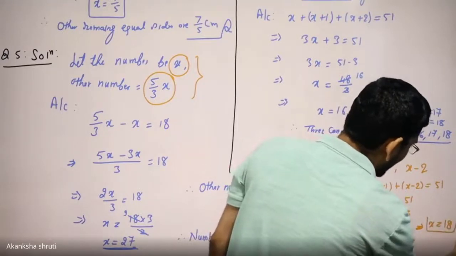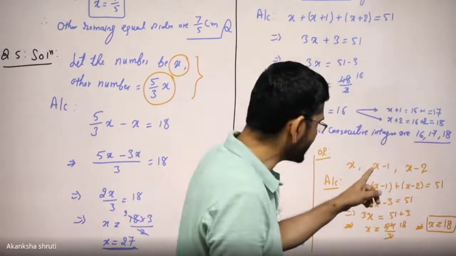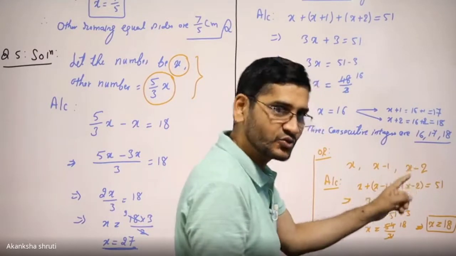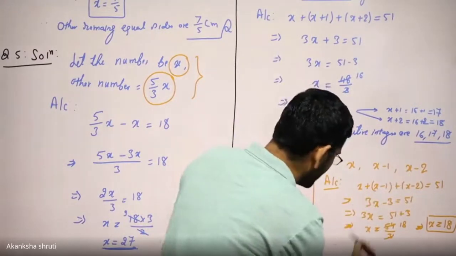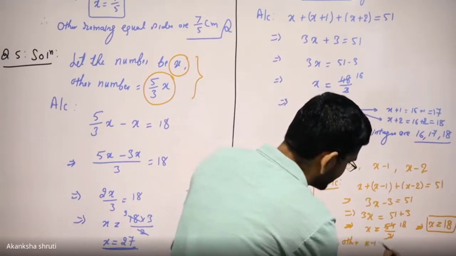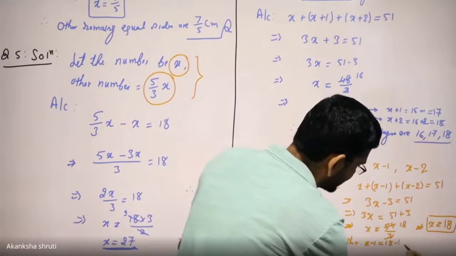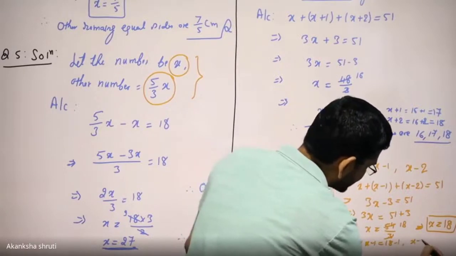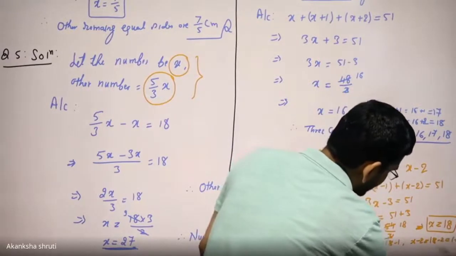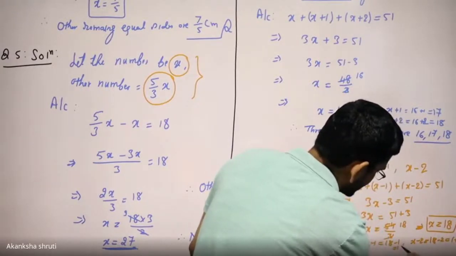So when x is 18, what are the others? 18 minus 1 and 18 minus 2. So the others are x minus 1, so 18 minus 1, and x minus 2, 18 minus 2. It is 17 and 16.